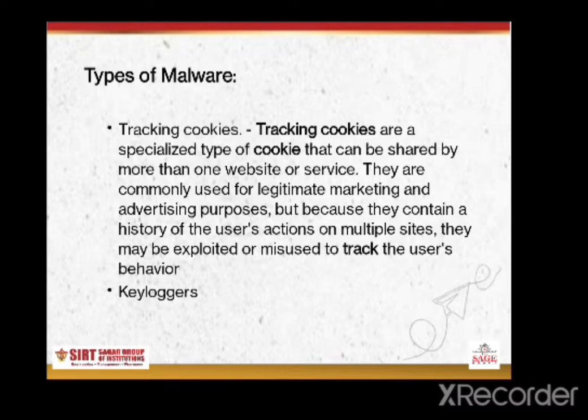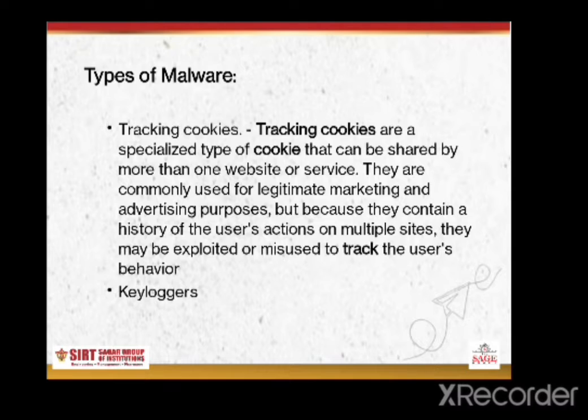So this is an information leak we can say. This is the malware program which is keylogger. It observes all the keys that I type, and with the help of this observation, it will get an idea of which type of information I have stored in my system. So this is the keylogger.